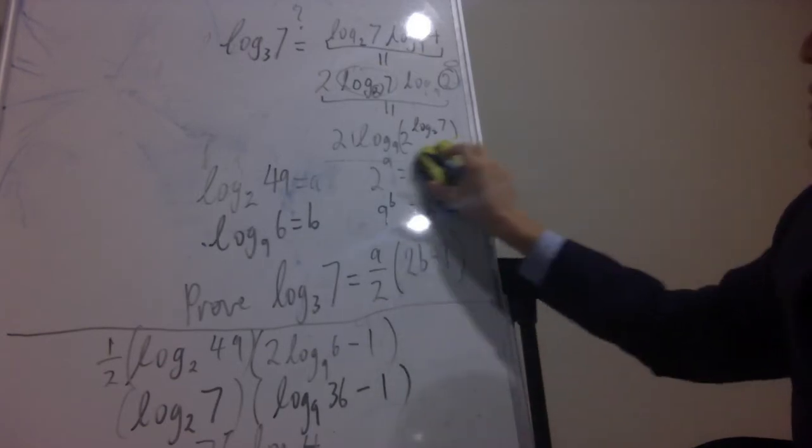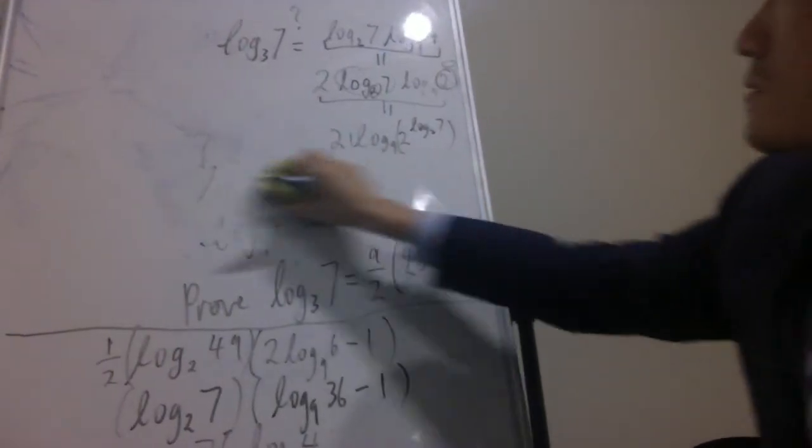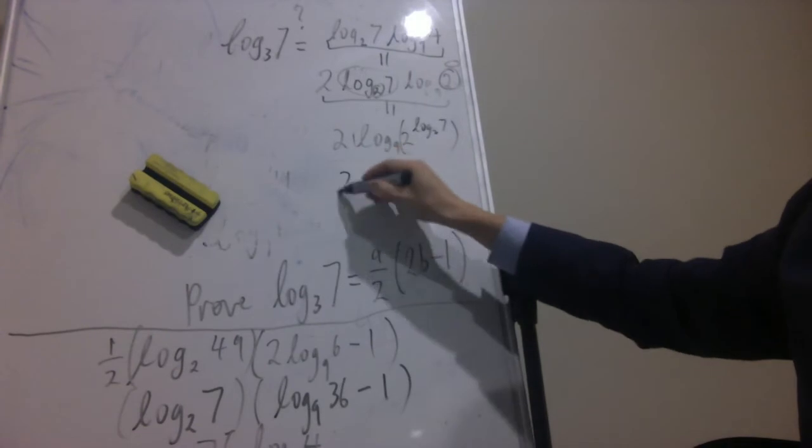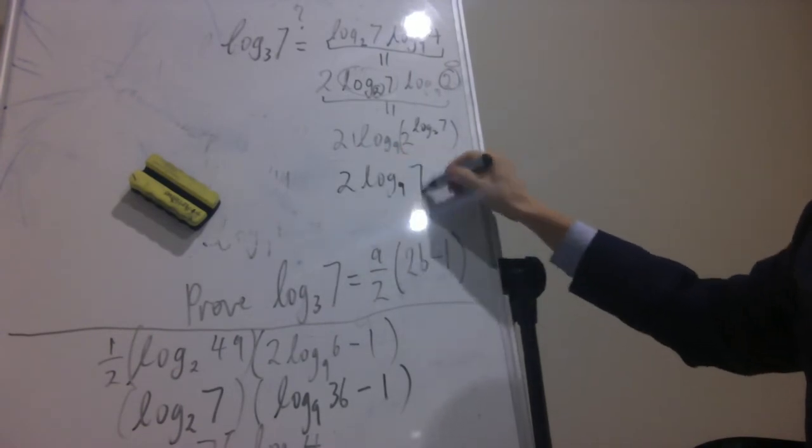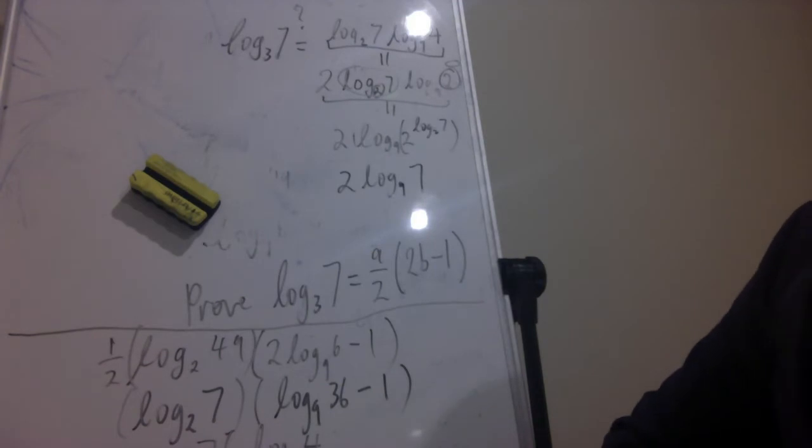So let me just see this. So now it's 2 log 9, 7, yeah? Yeah. Now we're getting real close, aren't we? Do we change the base now?